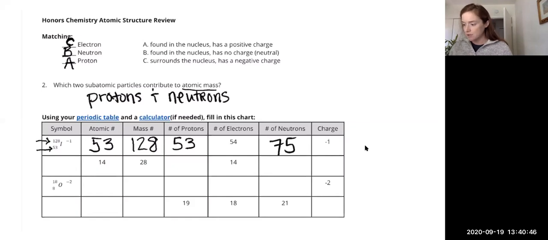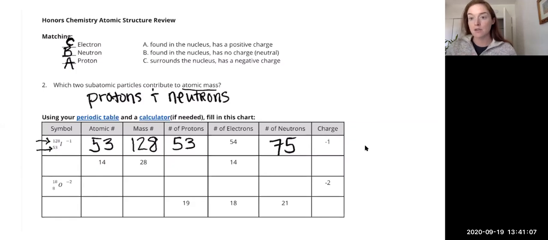Okay, now let's double check that it makes sense about the number of electrons. They did fill it in, but we could have figured it out also. If they told us the overall charge of the atom is -1, that means that there's one more negatively charged particle than positively charged particle.